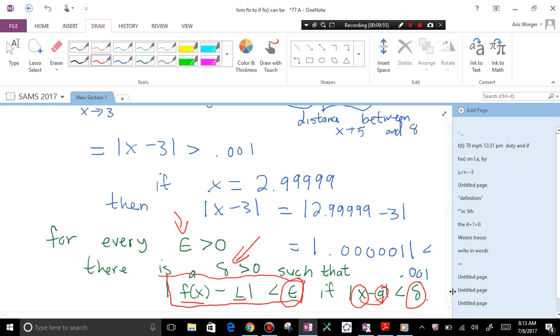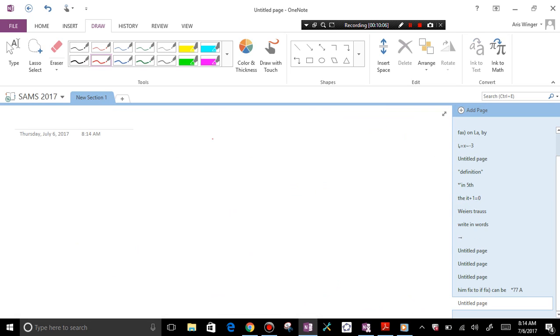Are we good here with this page? All right, so we had made the argument of talking about the limit from the left and the limit from the right. Let me add a page. The last thing we wrote was that the limit as x goes to a from the right of f of x is equal to L, and the limit as x goes to a from the left of f of x is equal to m.